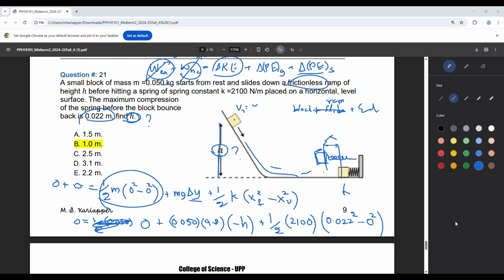If it counts to solid, but people don't get the answer. Can I check? Show me the equation you wrote. Zero 0.022, right? Yeah. Okay. 0 equal to 0 plus 0.05.